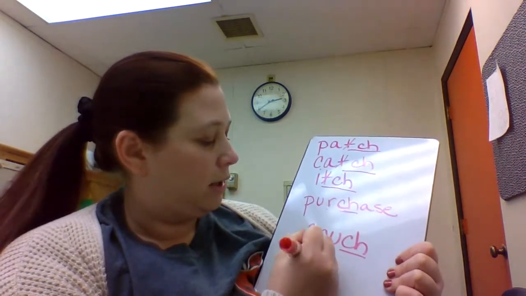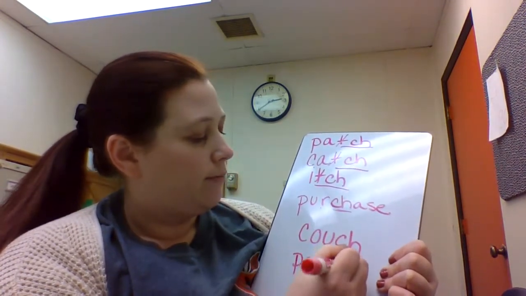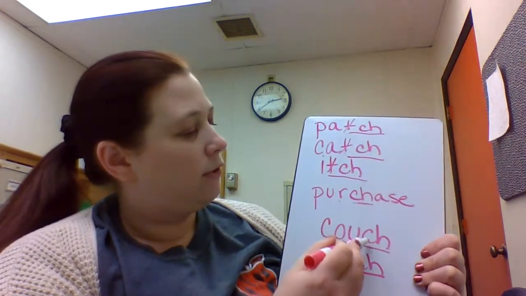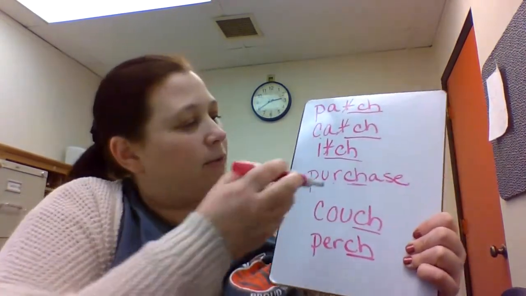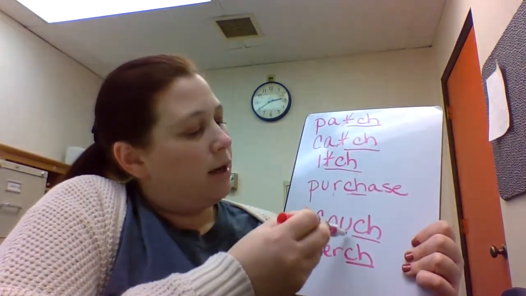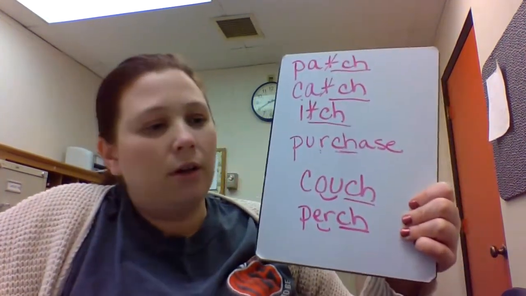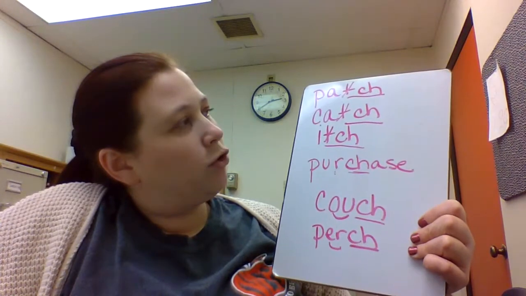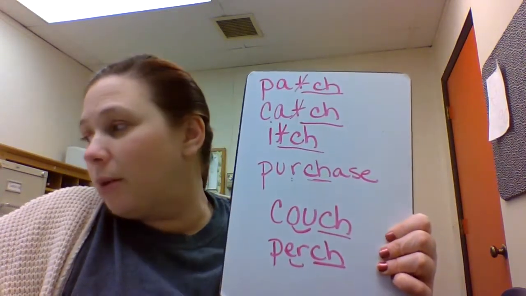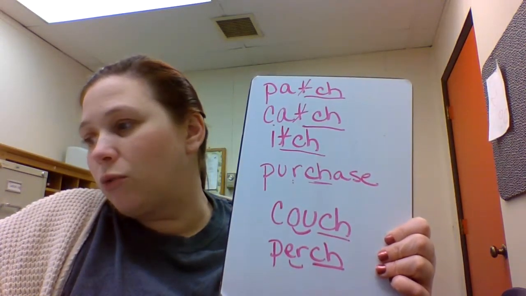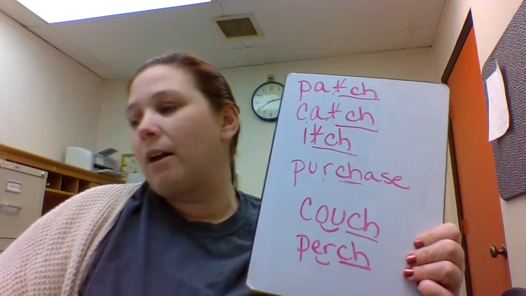And let's look at perch. So often our just CH comes after a consonant, a diphthong, or a combination. So when it does that, we just use the CH. So that's how we decide which way we're going to spell. All right.